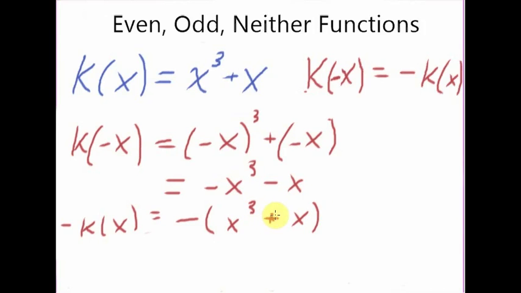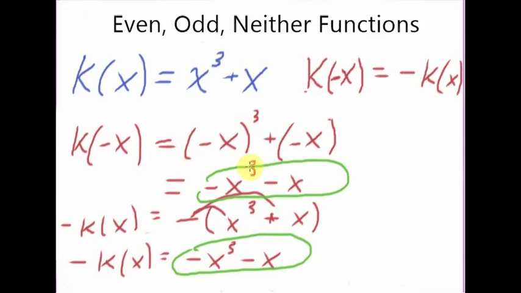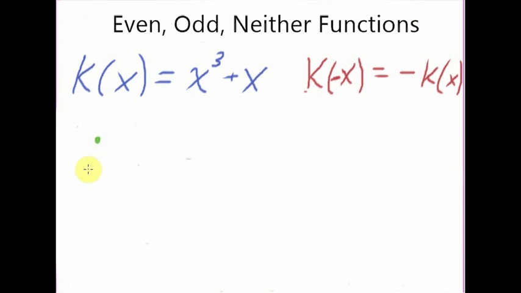Negative k of x is negative times x cubed plus x. When we distribute, we see that negative k of x is equal to negative x cubed minus x. Since these are the same, the function is odd.